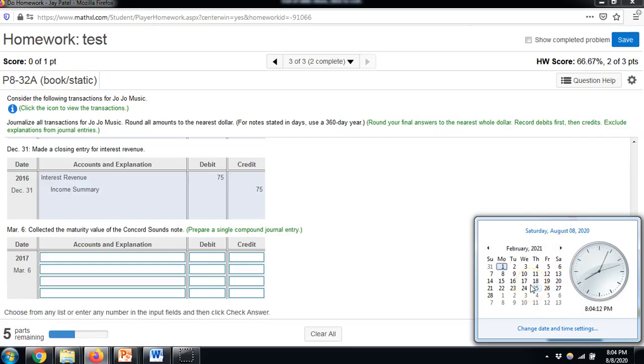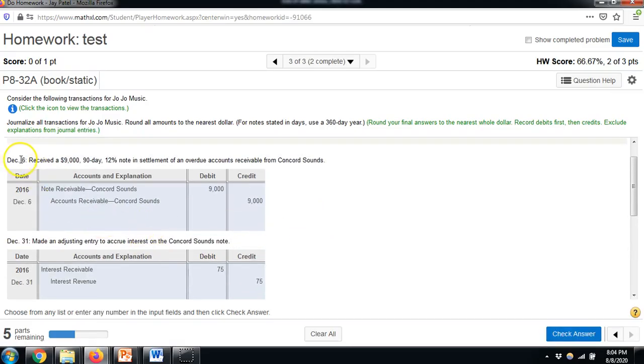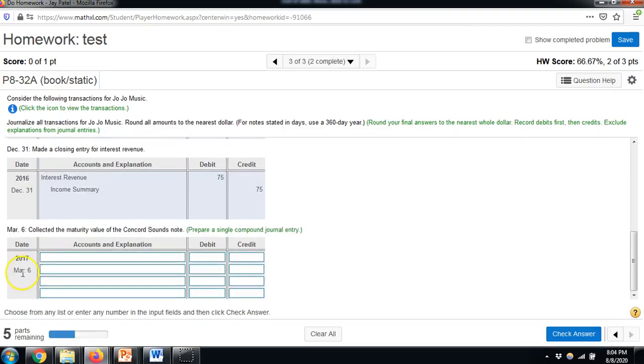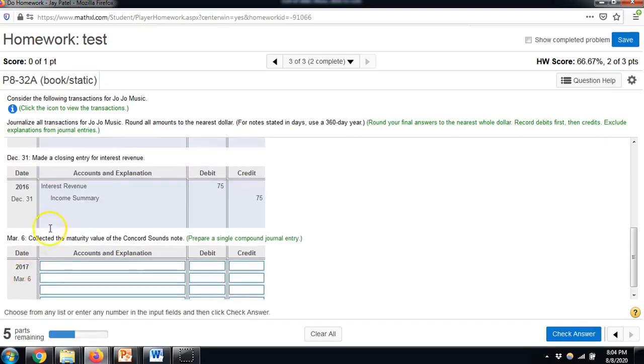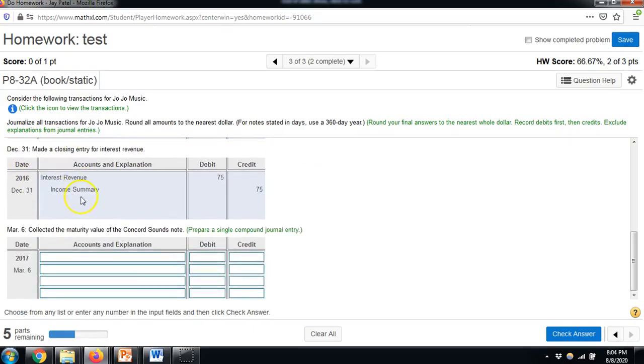I'm assuming it's not a leap year. And then we add the 6 days in March from March 1st through 6th. And yes, that's 65. So that 65 days plus the 25 days from December 6th through 31st adds up to 90. So yes, March 6th is exactly 90 days from when this note was originated.